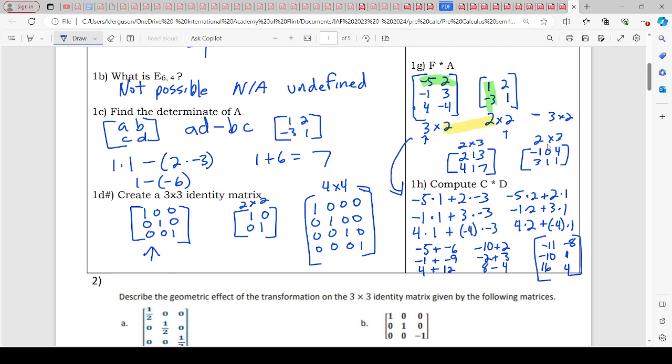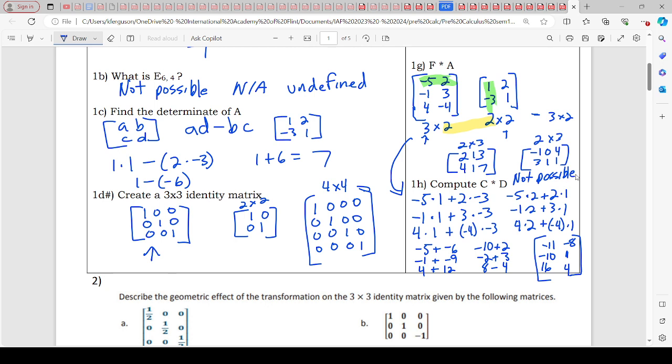If it was a 2 by 2 and another 2 by 2, the inner dimensions line up no problem. If it was a 3 by 3 times another 3 by 3, you could do that. But when you got different numbers like that and you're taking the same one, it's not going to work because the inner numbers need to be the same and they're not. One's a 3 and one's a 2. So this is not possible or undefined.